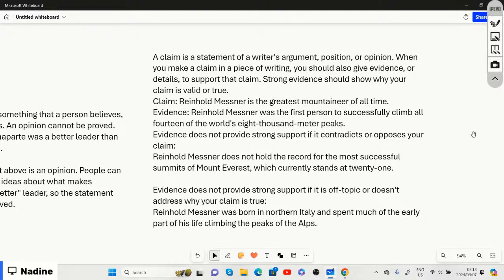All right. So the claim is that he has been the greatest mountaineer of all time, and the evidence shows he was the first person to successfully climb all 14 mountains all over the world. Evidence does not provide strong support if it contradicts or opposes your claim.